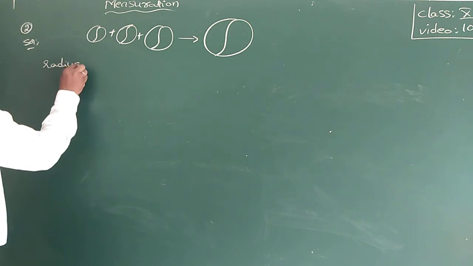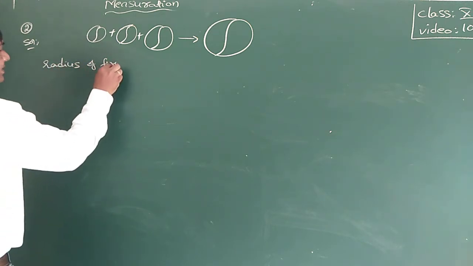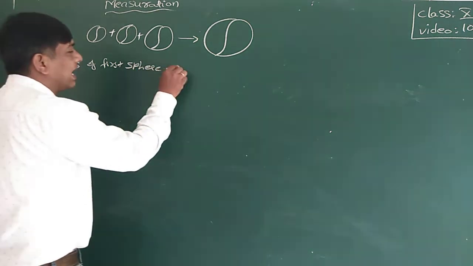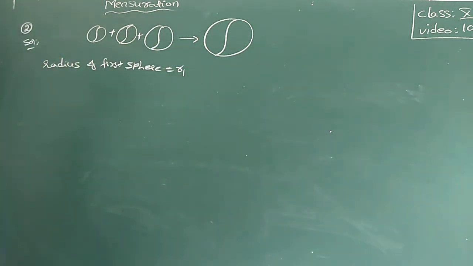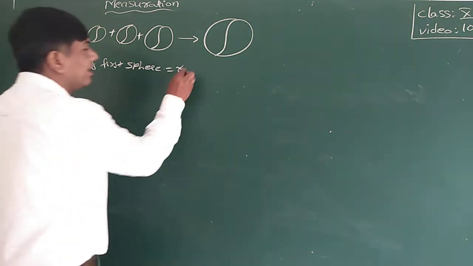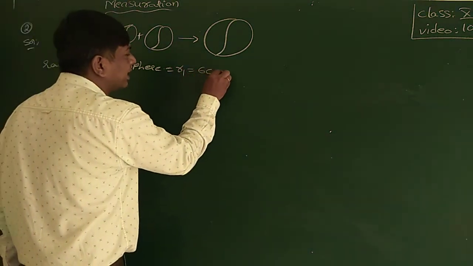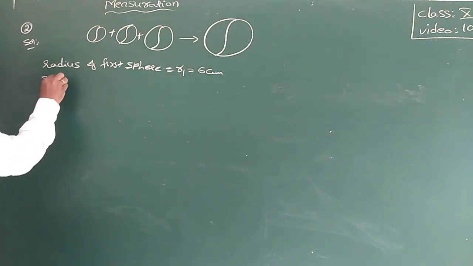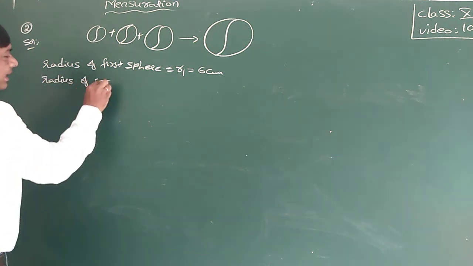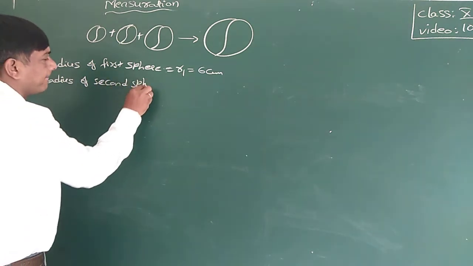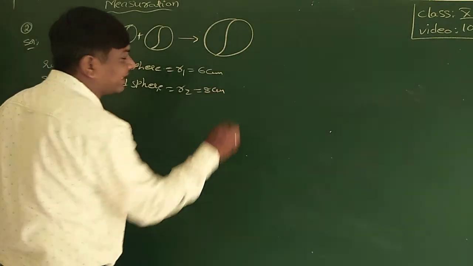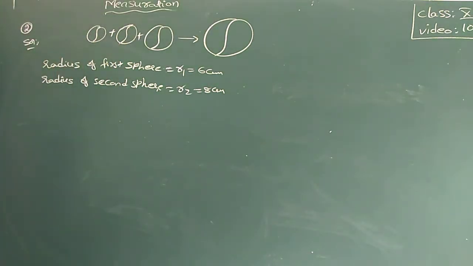Radius of the first sphere is R1, because there are 3 given and again you are going to make another one. R1 is equal to 6 centimeters. To differentiate, I am giving the numbers. Radius of the second sphere is R2, which is equal to 8 centimeters.